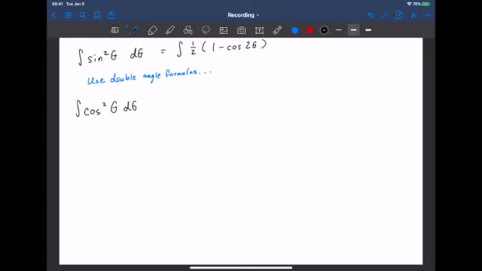And I'm really not asking much, just that you trust me that this is the formula. Okay, that's what we would do. For cosine, we have positives. And for sine, we have negative. But they both end up being 2 theta there.